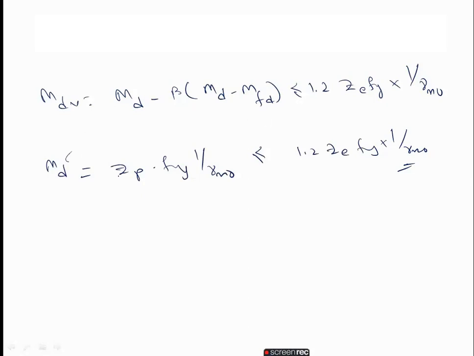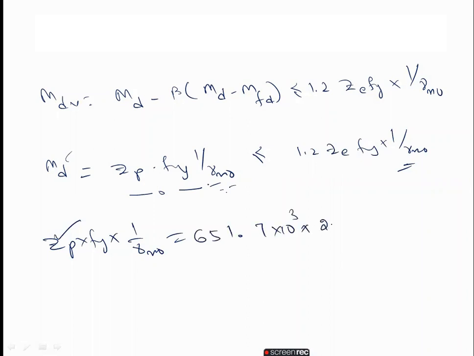Zp we take from IS 800 table number 46, available on page number 139. Zp is 651.7 into 10 cube, fy is 250, gamma m0 is 1.1. So you will get the answer 148.114 into 10 power 6 Newton mm.